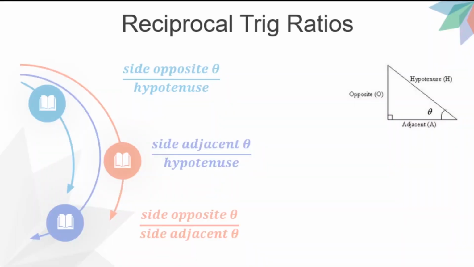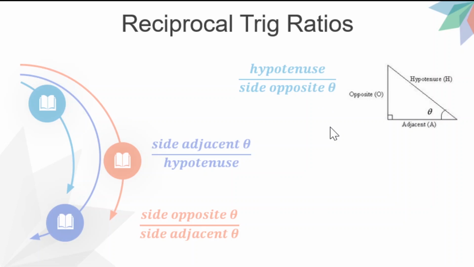Now, we will get the reciprocal of the trigonometric ratios. We know that sine theta is the ratio of the side opposite theta to the hypotenuse. To get the reciprocal, we have to divide the hypotenuse by the side opposite theta, and that is what we call the cosecant or csc theta.